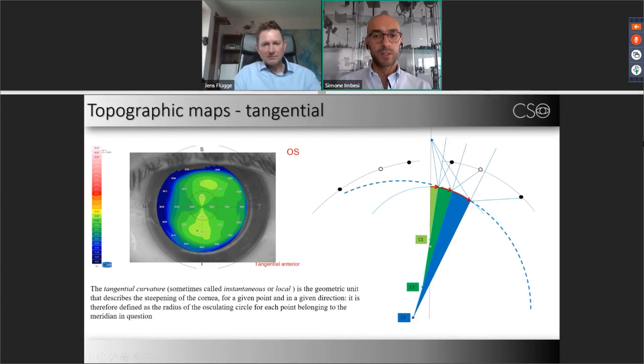This is the definition of instantaneous curvature: the radius of the osculating circle for each point belonging to the meridian in question.